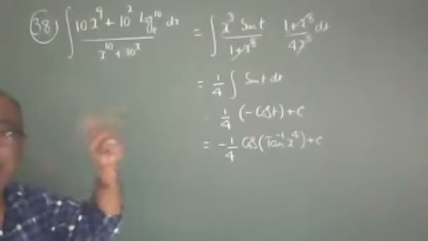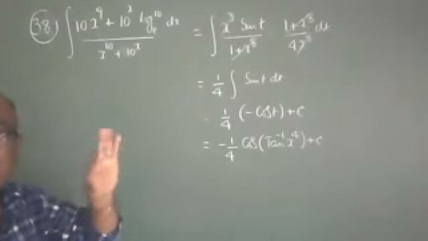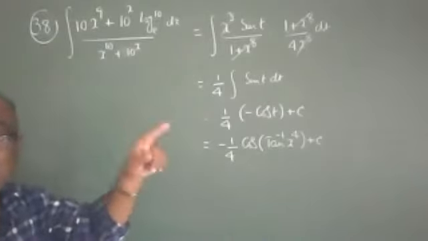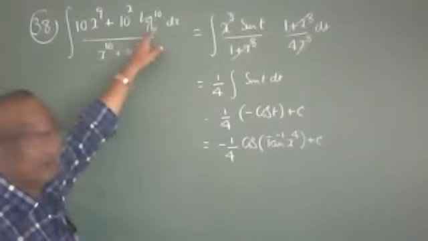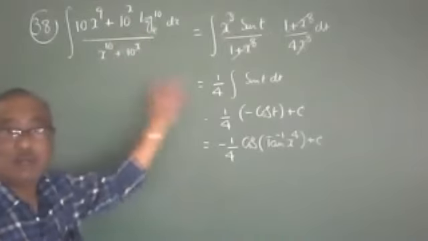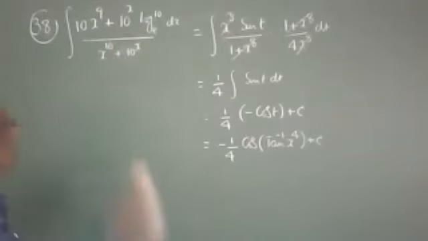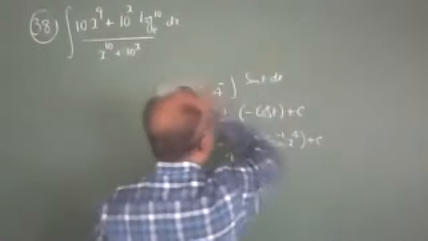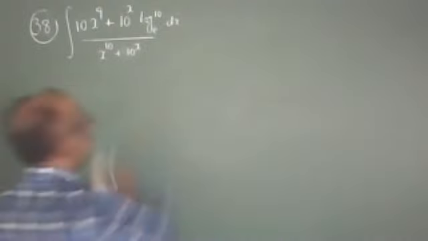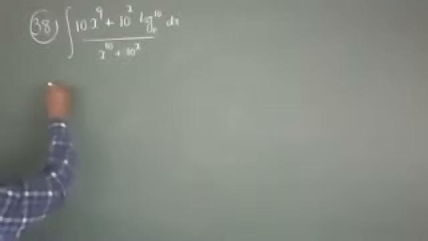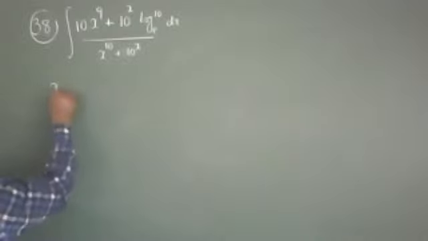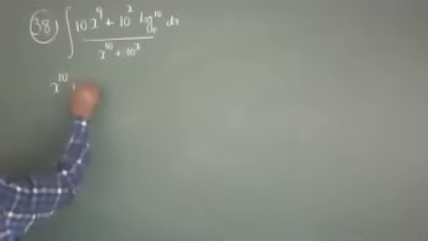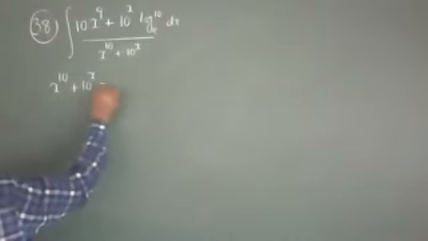What is the a power of x derivative? A power of x into log a. 10 power of x into log 10. It is a. Therefore, first do the denominator, let it be t. X power of 10 plus 10 power of x let it be t.